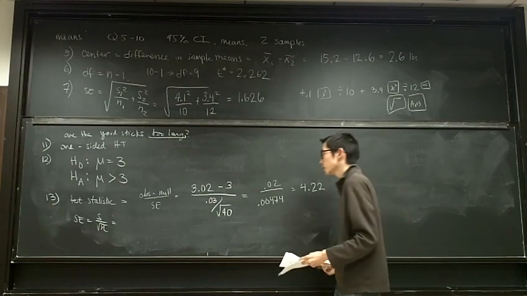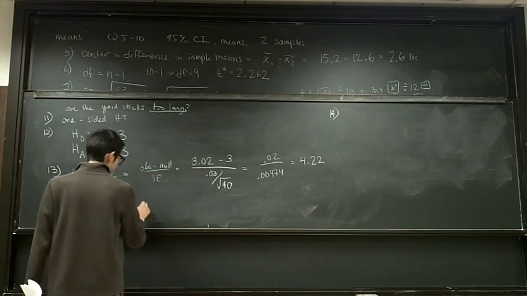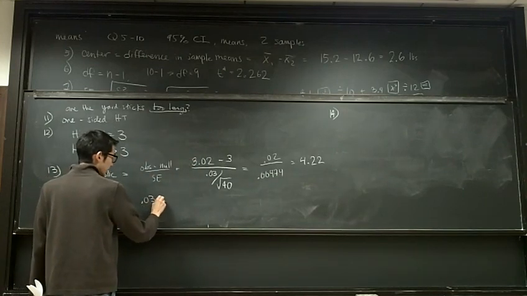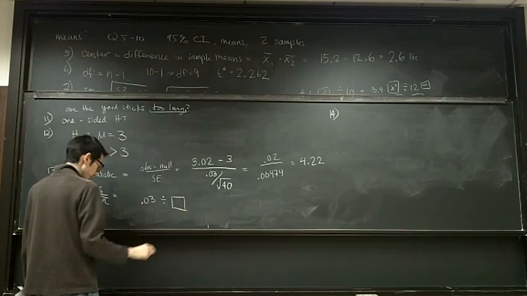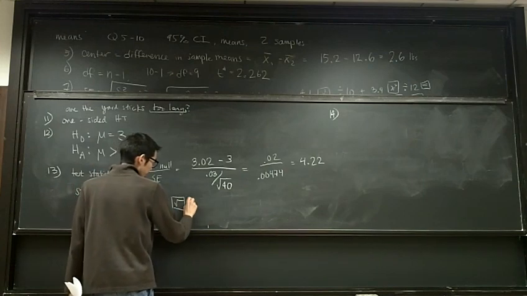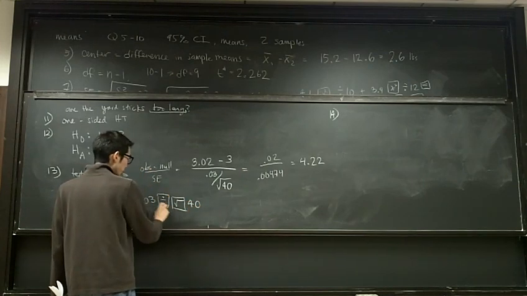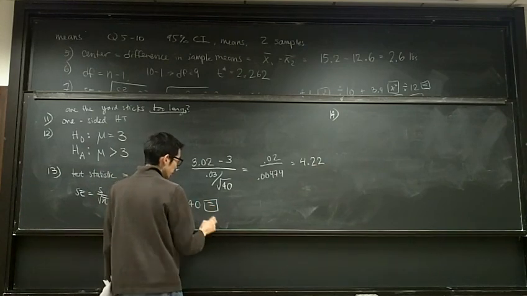Okay, and then on your calculator, if you want to know how to do this, I would say find the standard error first. So do 0.03 divided by, and depending on your calculator, you might have to change this, okay? But do 0.03 divided by the square root of 40, equals, okay?